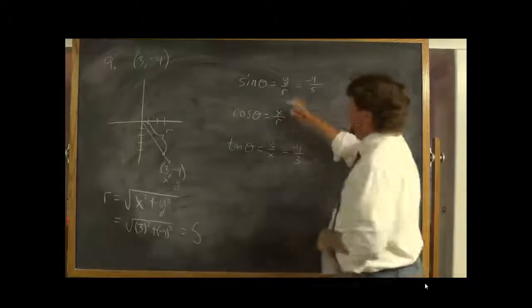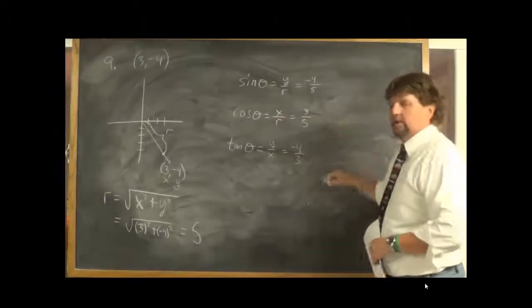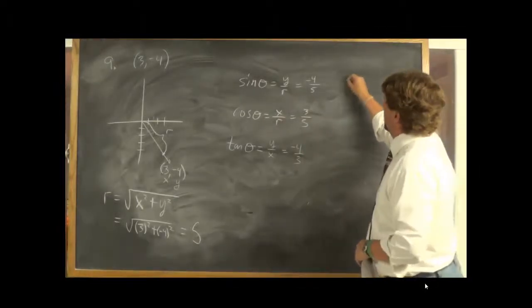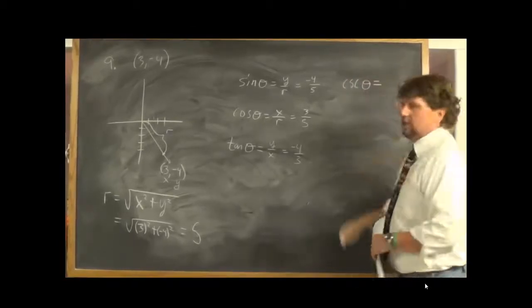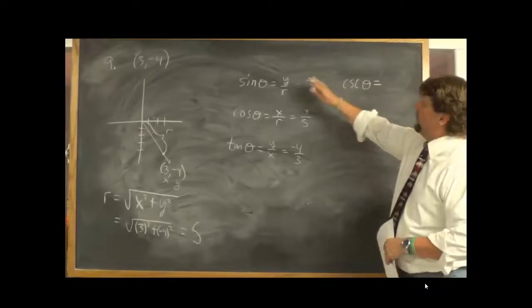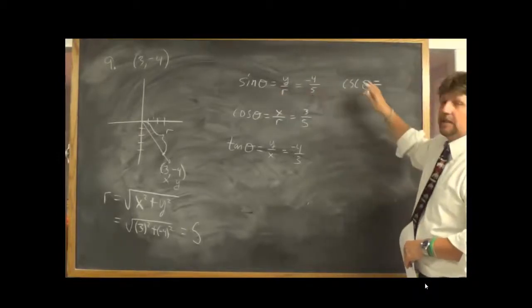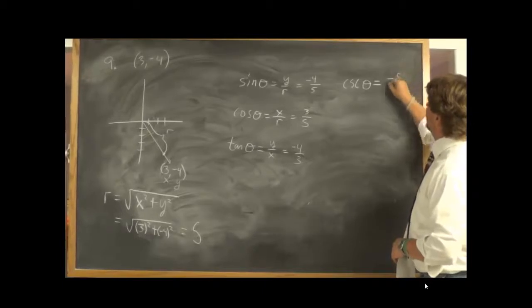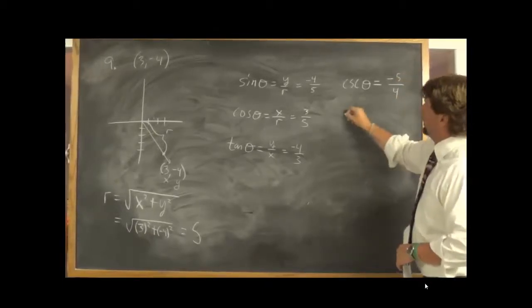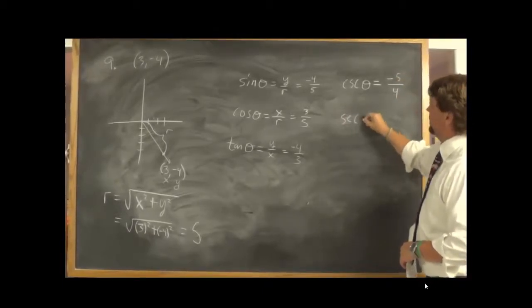With that said, I'm going to get the remaining 3 trigonometric function values of theta simply by using our reciprocal identities. So if I know sine is -4/5, I then know cosecant is -5/4. Likewise, secant.